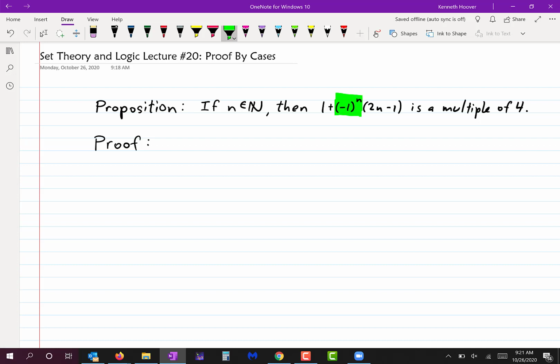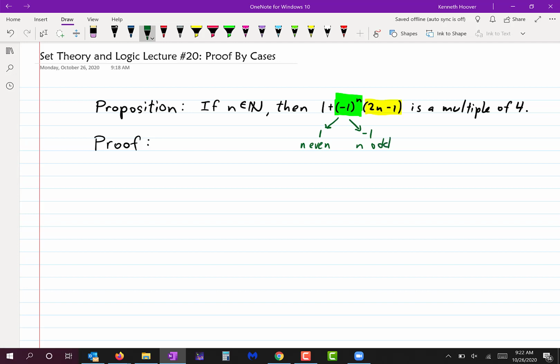Negative 1 to the n only accomplishes one thing, which is to make this be multiplied times 1 or negative 1. And what makes the difference between negative 1 to the n being 1 or negative 1? It's 1 if n is even, and it's negative 1 if n is odd, right?